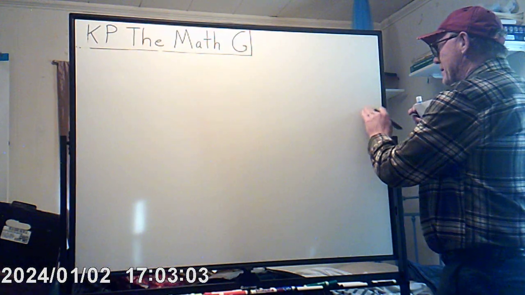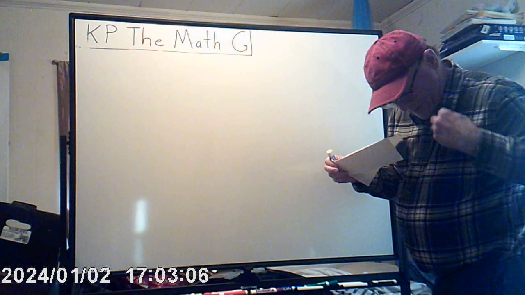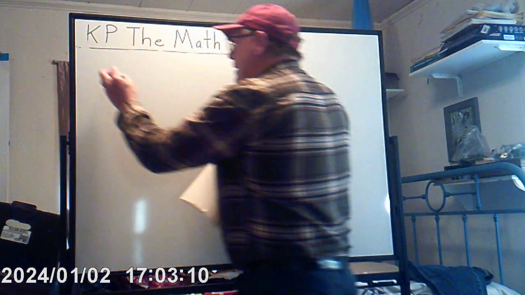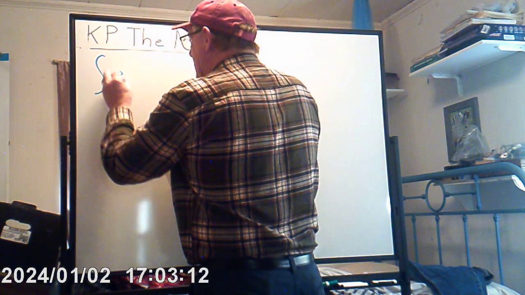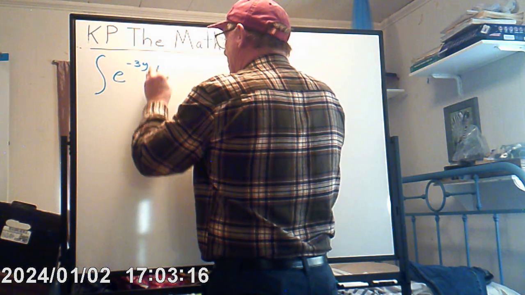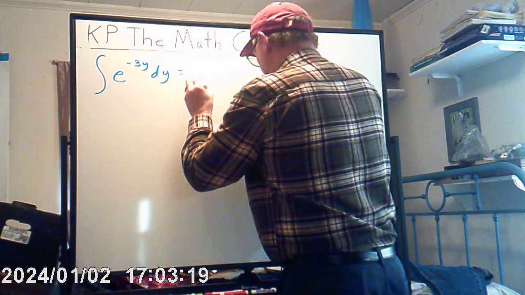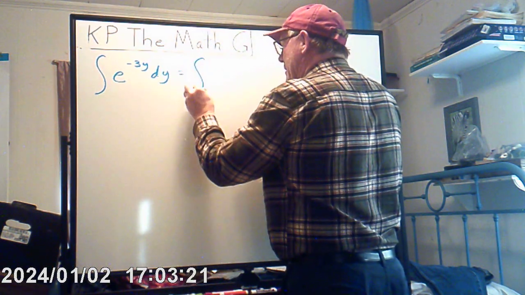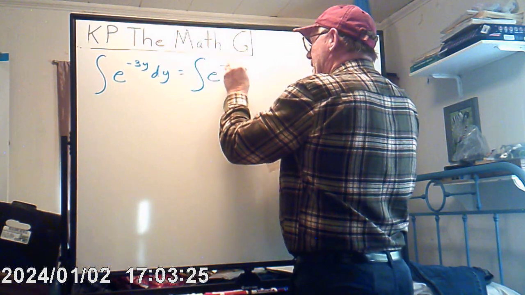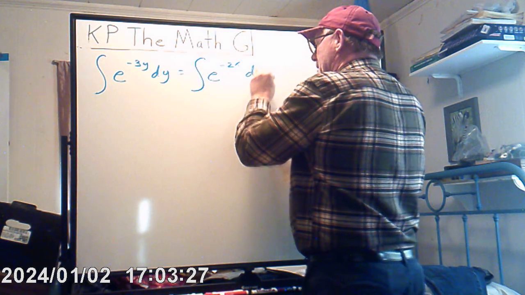Alright, here we go. Now remember, we were left with integrating e to the negative 3y dy equaling integrating e to the negative 2x dx.